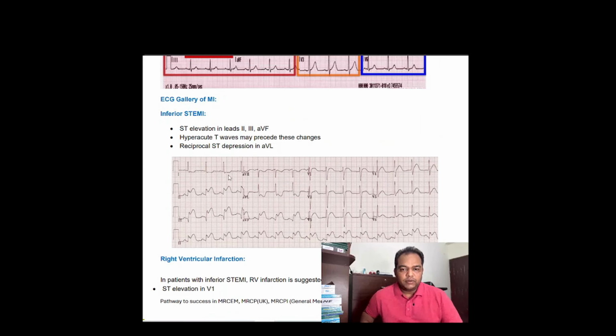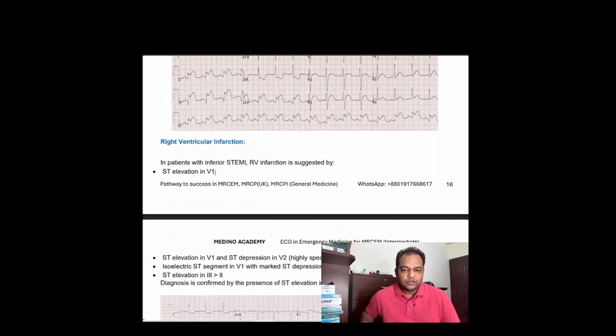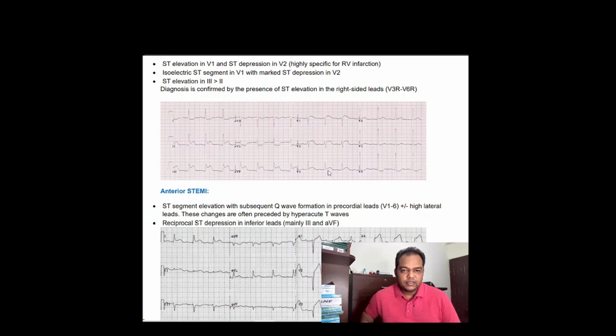We have already mentioned that inferior MI may be involved with right ventricular infarction. So this ECG represents right ventricular infarction. There is ST elevation in lead 2 and lead 3 and lead aVF, but ST is more elevated in lead 3 than lead 2.